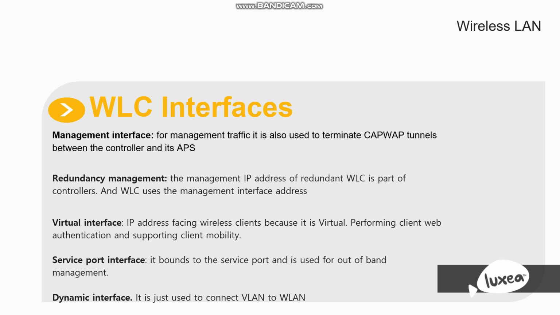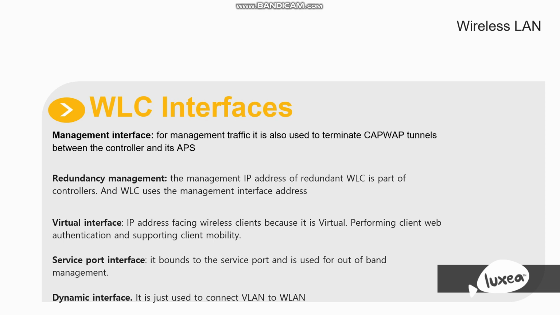Redundancy management: the management IP address of the redundant WLC is part of the controllers, and the WLC uses the management interface address. Virtual interface: an IP address facing wireless clients, because it is virtual, performing client web authentication and supporting client mobility.